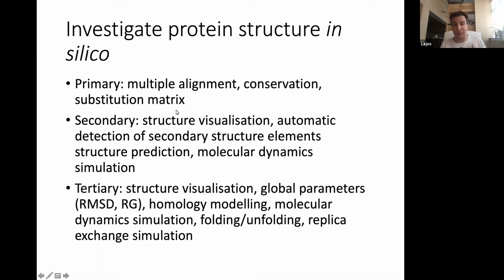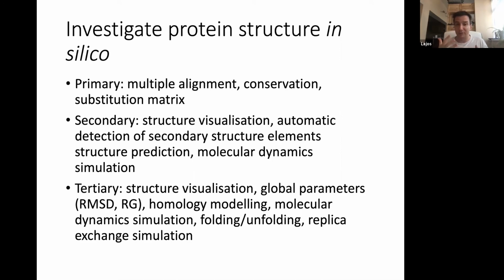I cannot emphasize enough that the substitution matrix is an extremely important thing here. All the substitution matrices we have give you an idea of the significance of a change. So obviously, if you change a big hydrophobic side chain to a small hydrophilic one, that's a huge change.